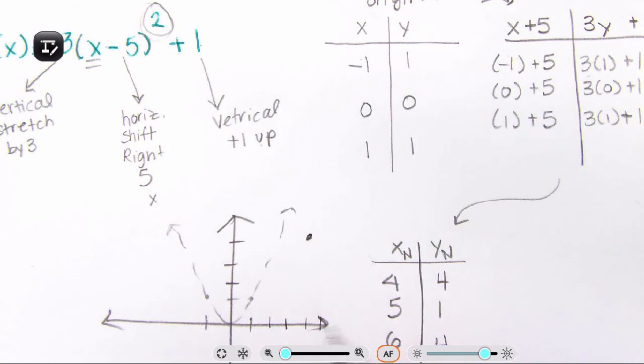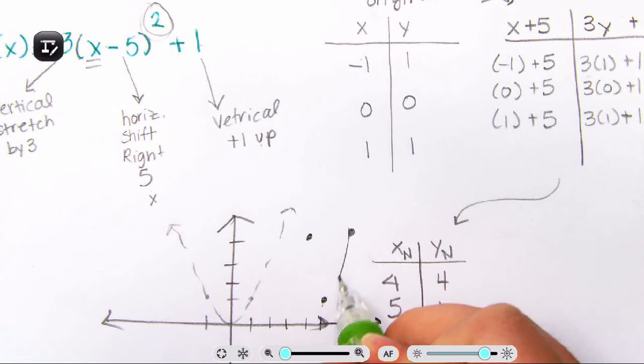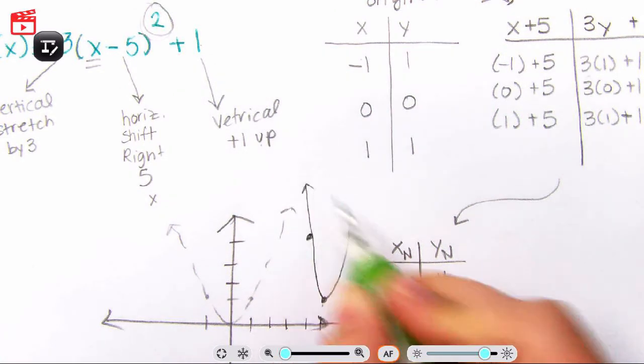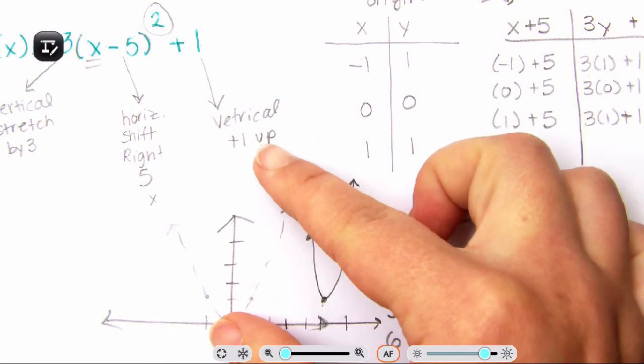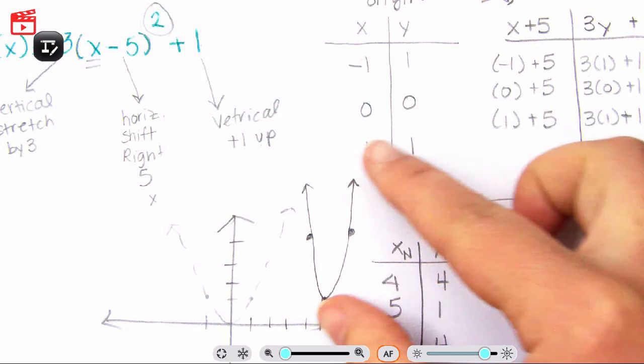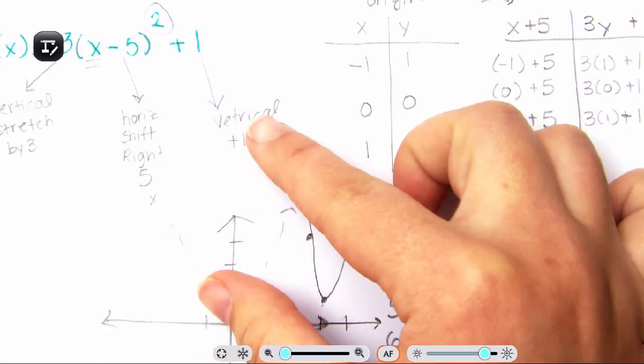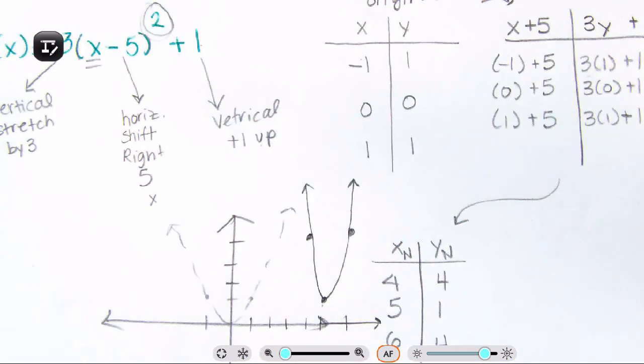Let's enlarge this. 5 and 1, there it is. And 6 and 4. And this is our transformed function. So you can see how the parent function got stretched out and it got shifted up 1 and it got shifted to the right 5.